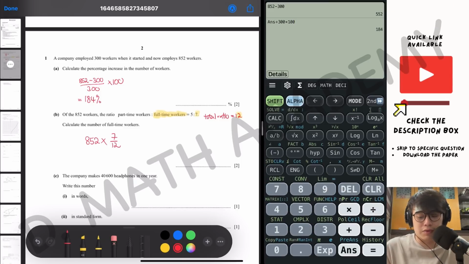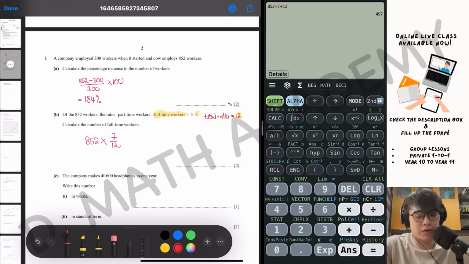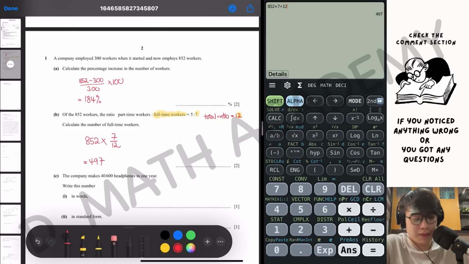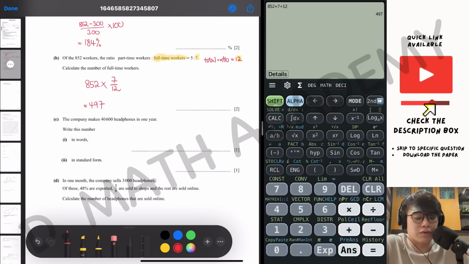Then you'll be able to get your answer here. 852 times 7 divided by 12, you will get 497 of them.